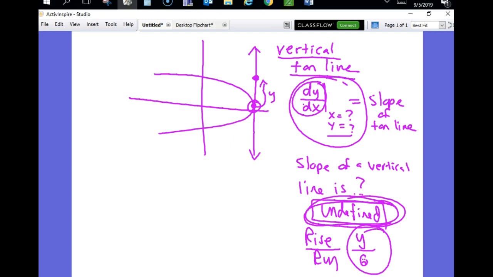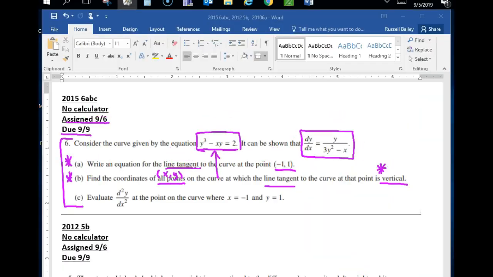So for this problem, if the tangent line is vertical at some given point x, y, that means that the slope, aka the derivative, would be undefined, which means that the denominator would equal 0 at that point.